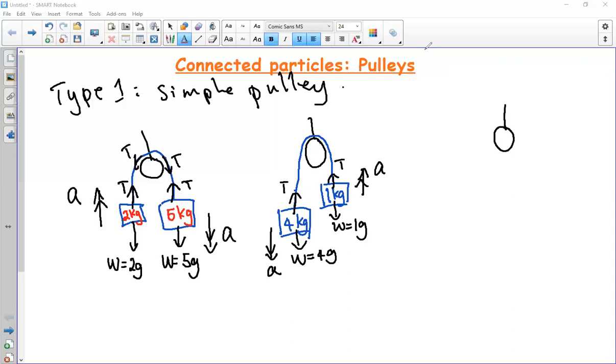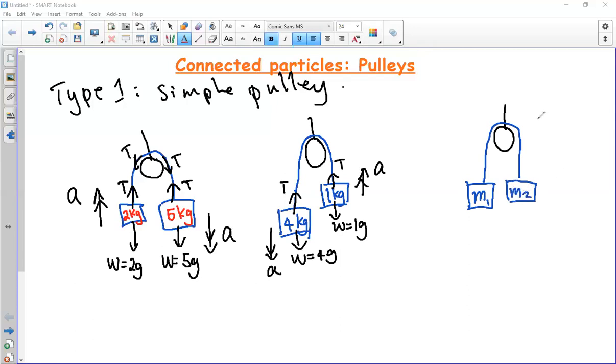of a simple pulley, let's say, here on the left hand side, we have a box with mass of M1. And on the right hand side, we have a box of mass M2.